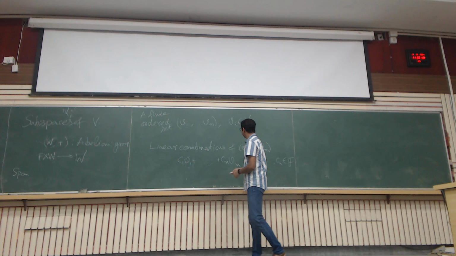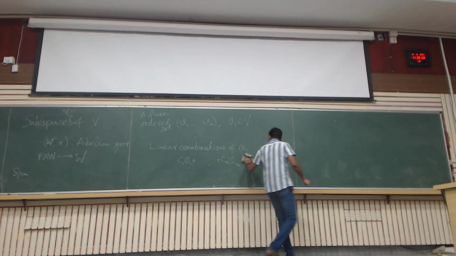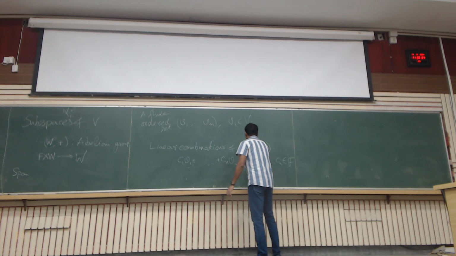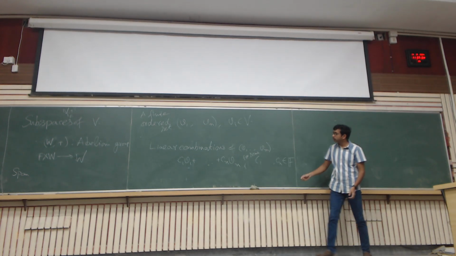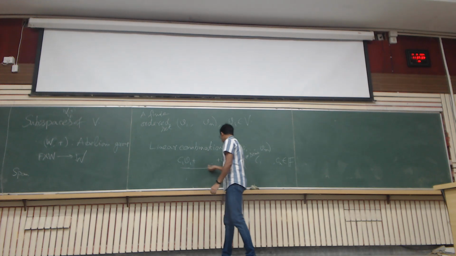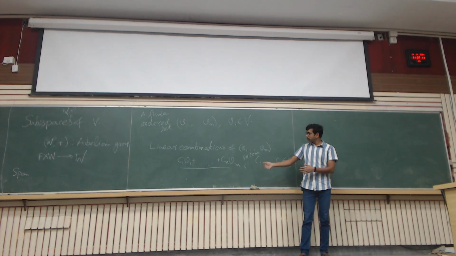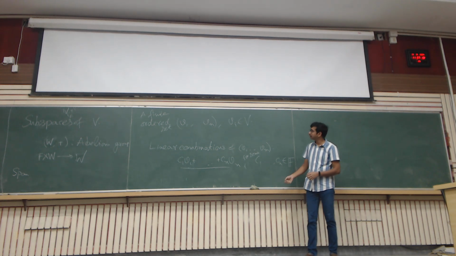Sorry, I have already written down the definition of span, but by one linear combination we mean this, not for all, but for some c1, c2 to cn in F. An expression like this is called a linear combination of v1, v2 to vn, with c1 to cn elements in F. If you take the set of all such linear combinations, that makes the span of v1, v2 to vn.